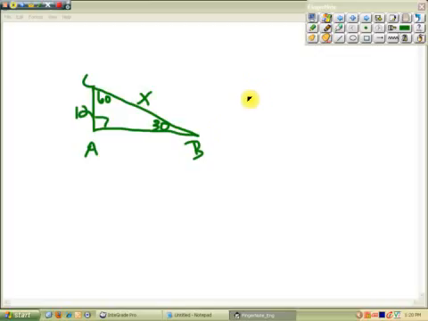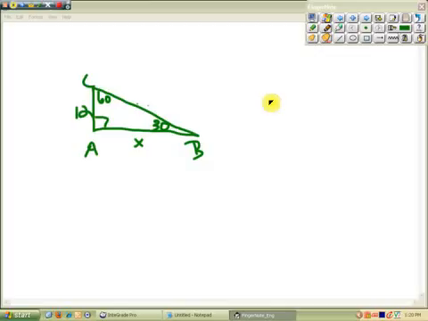It's a 30, 60, 90 triangle, so we do 12 times 2 to get x, which would be 24. Now let me tell you that I have 12 here, but I want you to find the long leg, this x. Now you take 12 and multiply by the square root of 3. That'll give you the answer for AB.